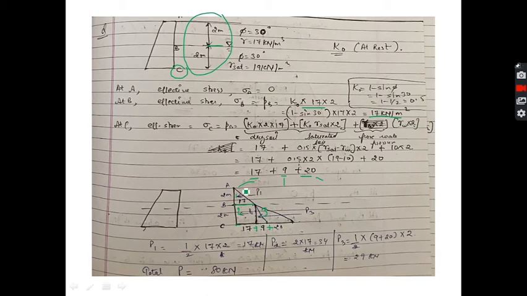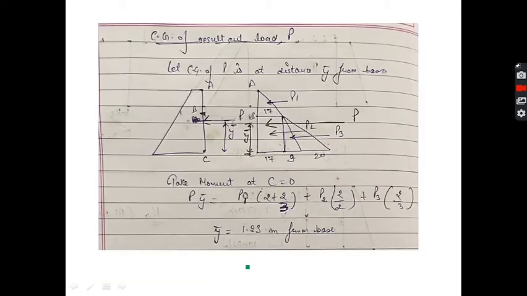So P1 will be the area of this triangle, half into 17 into 2. P2 will be the area of this rectangle, which is 17 into 2, width into height. And the third, P3, will be the area of this whole triangle, which is half into 9 plus 20 into 2. So we get three separate values of P1, P2, P3.